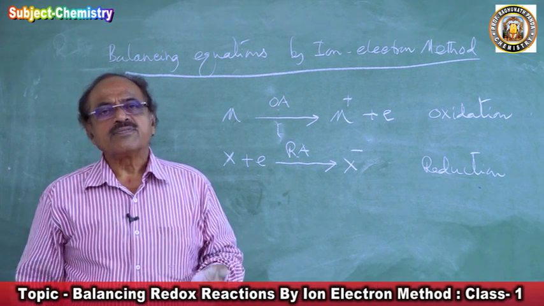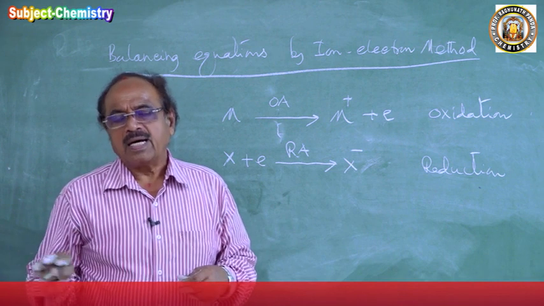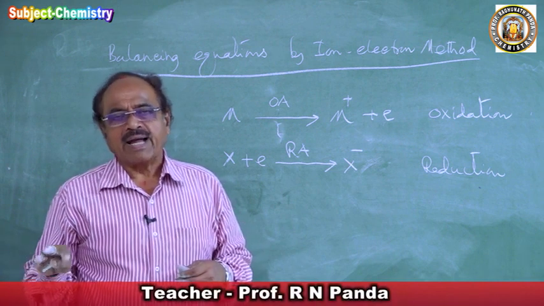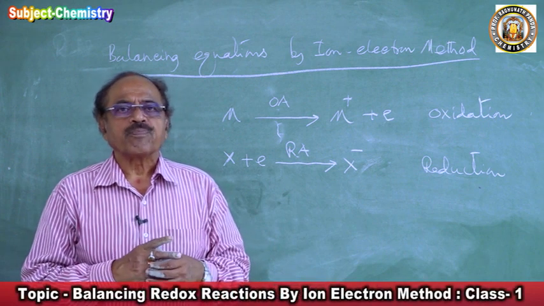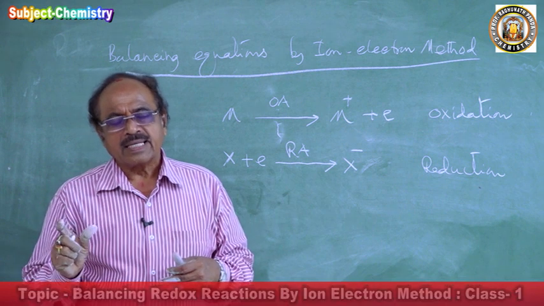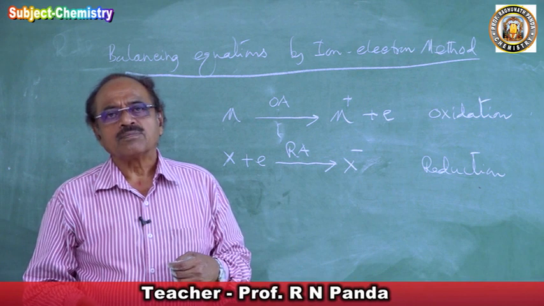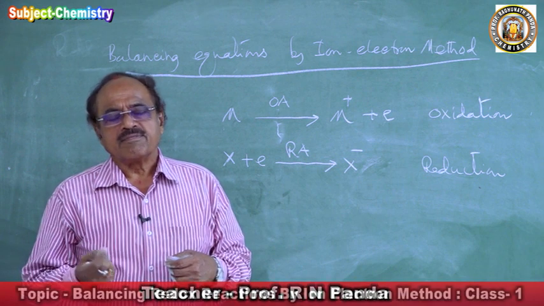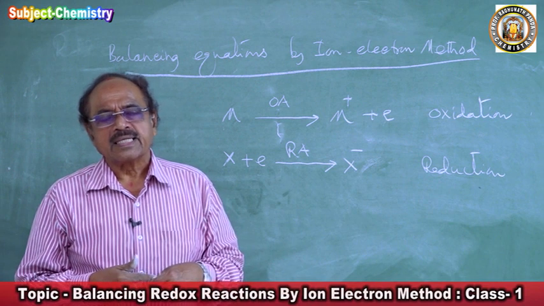Hence, it is very easy to balance a redox reaction by the ion electron method. All redox reactions can be represented in their ionic form, and we can balance them very easily by balancing the charges and the electrons.